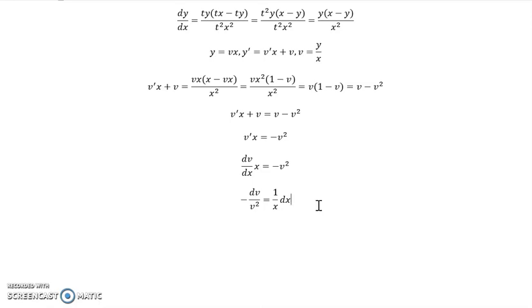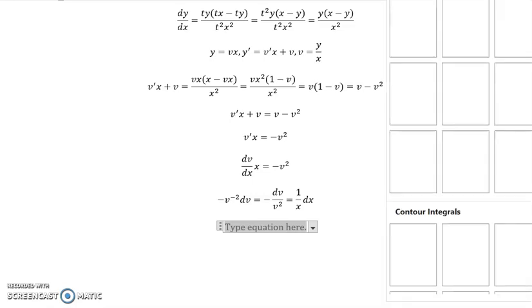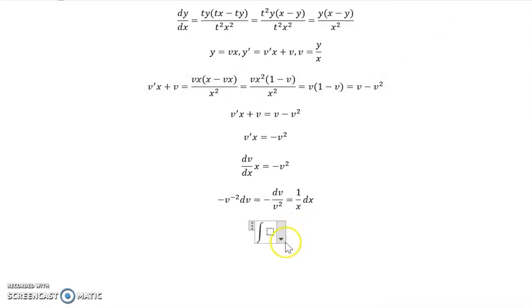Now, let's rewrite this: what's the antiderivative of negative v to the negative 2 dv? We're going to integrate negative v to the negative 2 dv, and then we're going to integrate 1 over x dx.